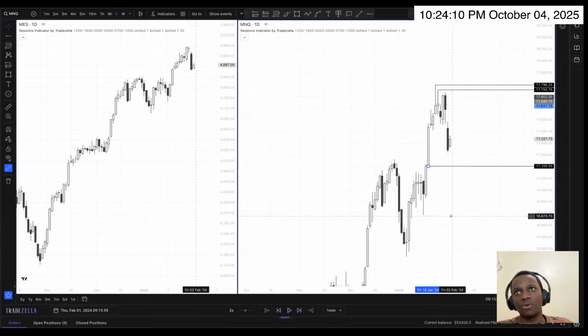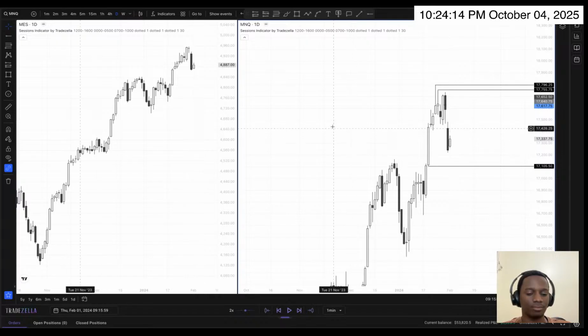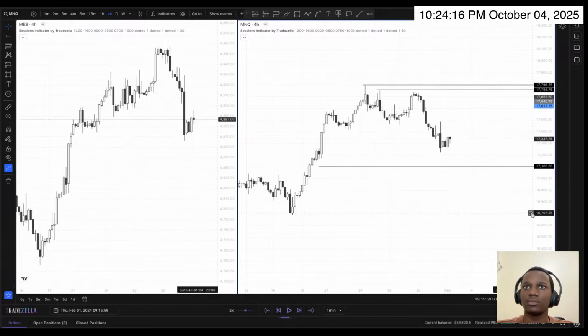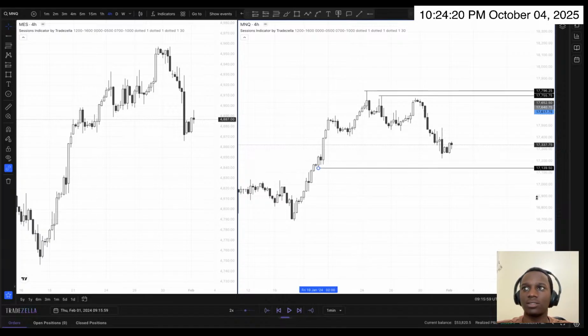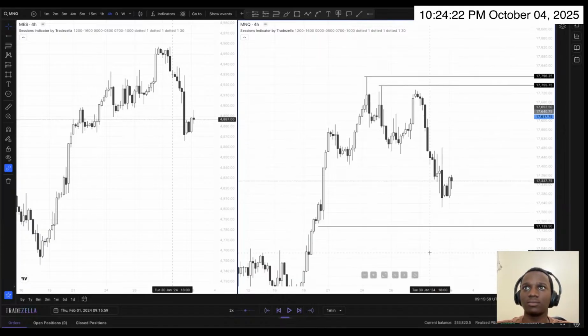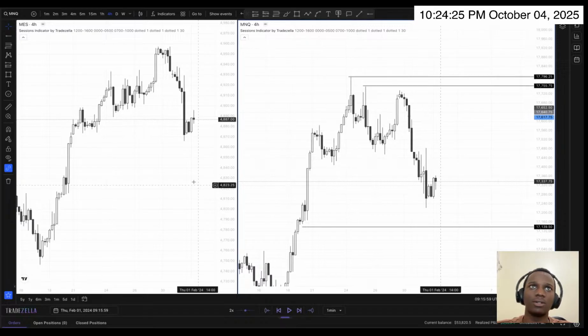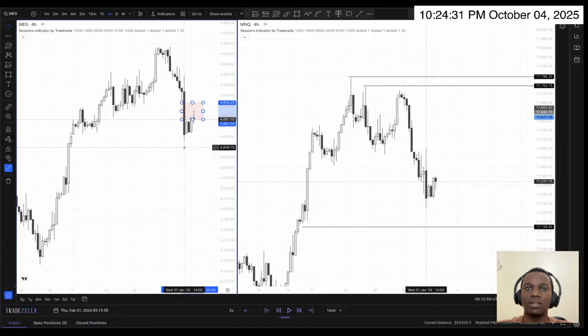It's the first day of the month, sorry, of the week, and it's NFP tomorrow. This is a daily low here. It's the 4 hour on ES. We are in this fair value gap from yesterday, the NFP.